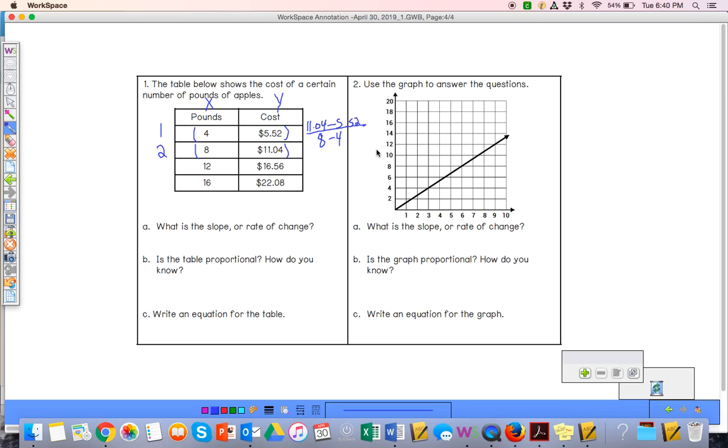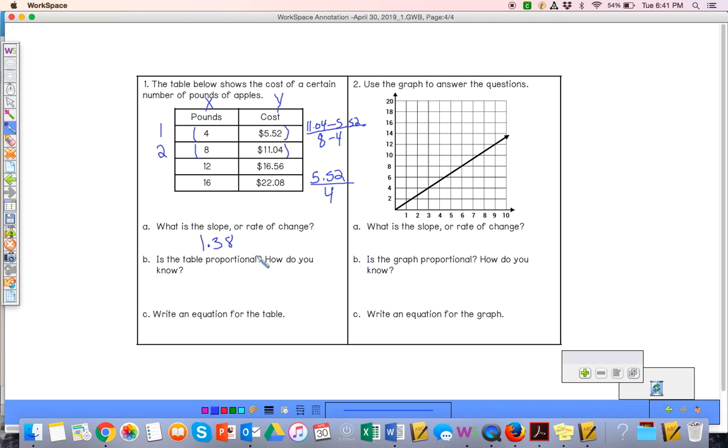Give me just a second. 1104 minus 552 is 552. And 8 minus 4 is 4. So then for the slope, we do 552 divided by 4. So our slope is 138. It says, is the table proportional?